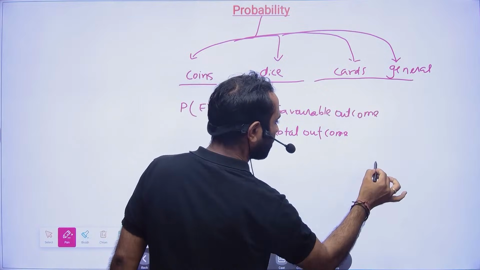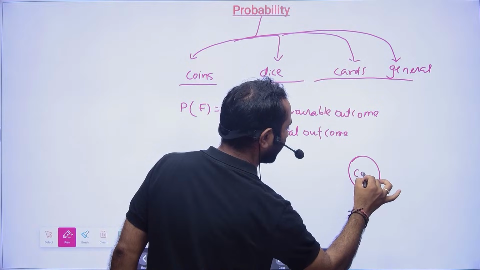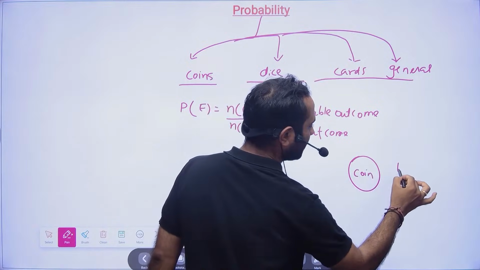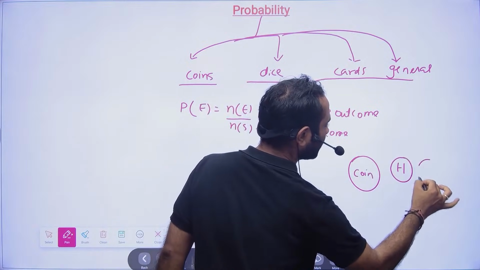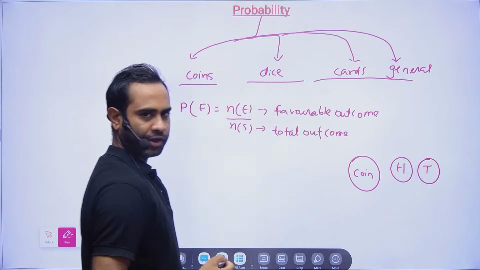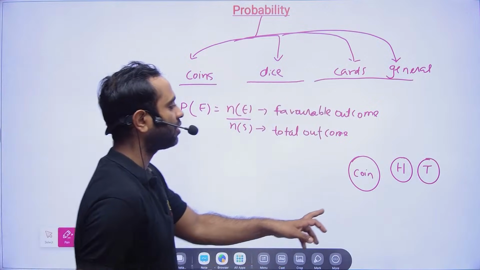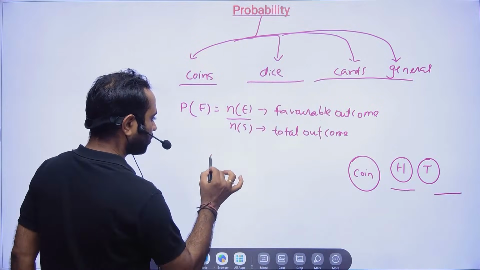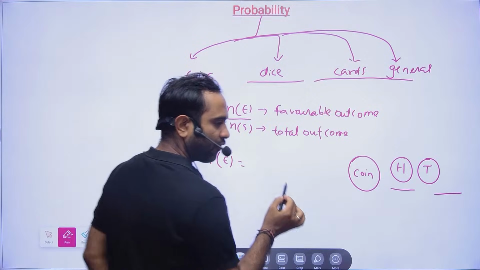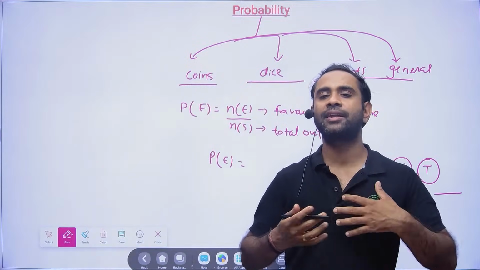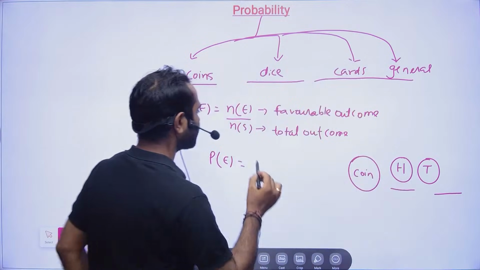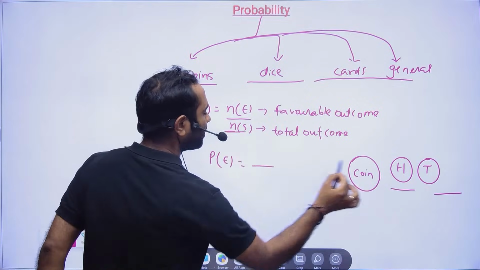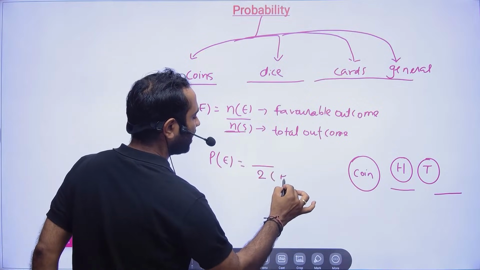If I toss a coin, either you will get head or you will get tail. If I toss a coin and I want head, first of all, what are the total outcomes? The total outcomes is two. One is head and one is tail.